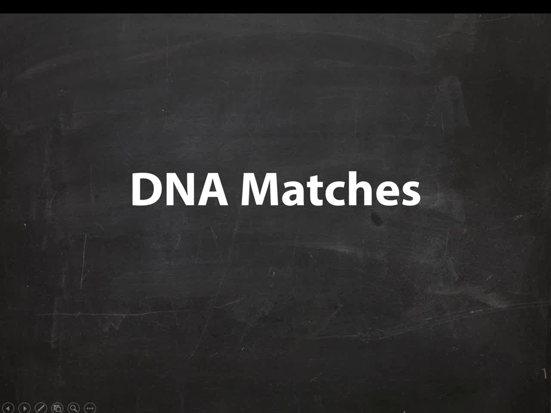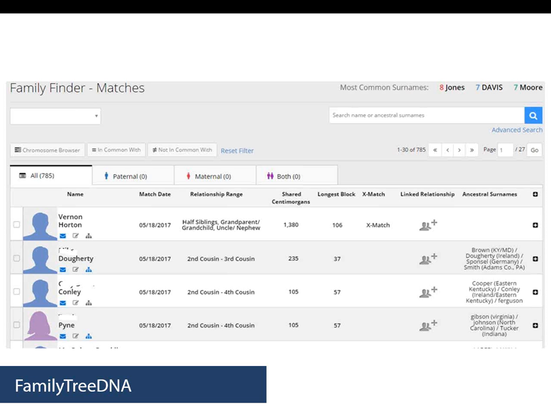I'll now go through DNA matches and how the appearances vary by company using Ed as our example. For Family Tree DNA, Ed has 785 matches. These provide the relationship range, the number of shared centimorgans, whether it is an X chromosome match, and whether it's a linked relationship.